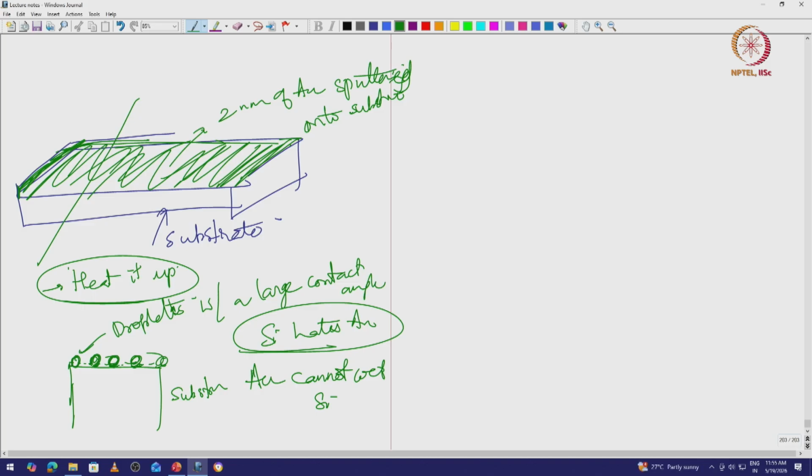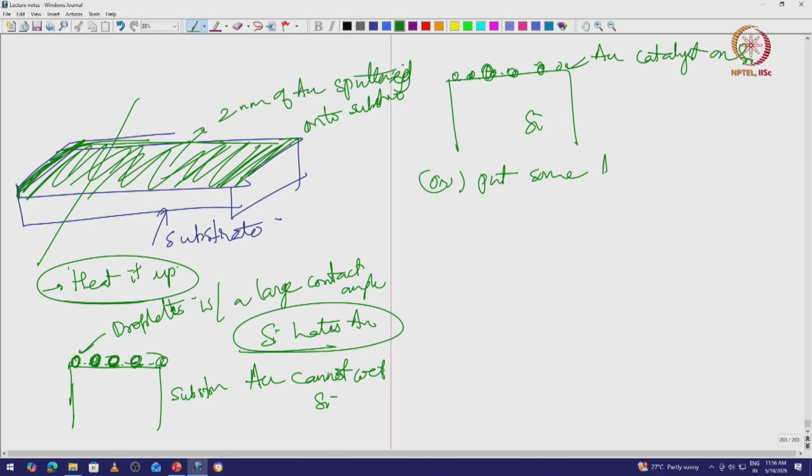So, in the solid phase, first I have these gold droplets that are formed. This is what I start with. In other words, I have taken silicon and spread some gold catalyst on it. They can be of slightly varying sizes because I have heated a sputtered film. Or I can just put some colloids of gold, that is also fine, I do not need to sputter it, using what is called drop casting.